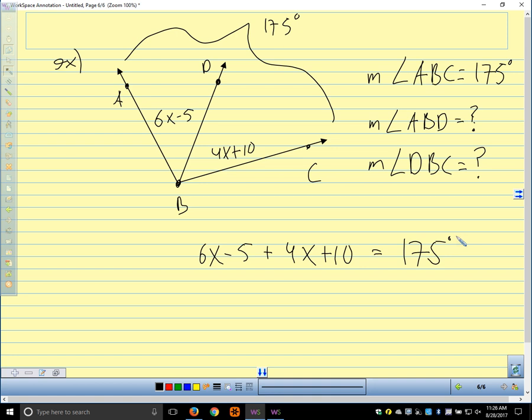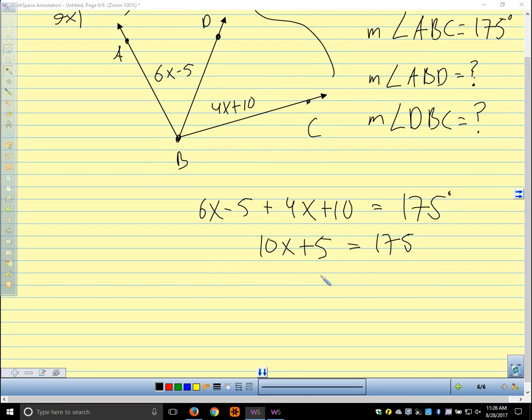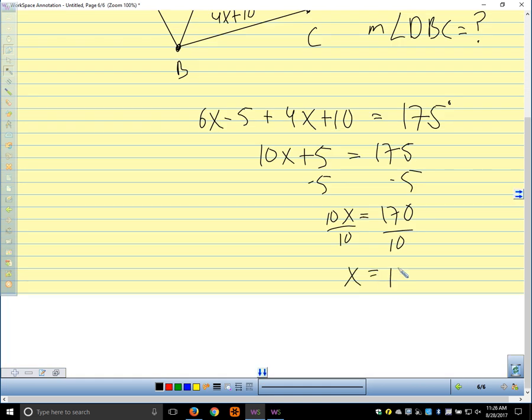Two small pieces add together to give me the whole big piece. Well, now we just have an algebra problem. Combine like terms: 6x and 4x is 10x, negative 5 plus 10 is plus 5. That equals 175. Subtract 5. 10x equals 170. Divide by 10. And x equals 17.